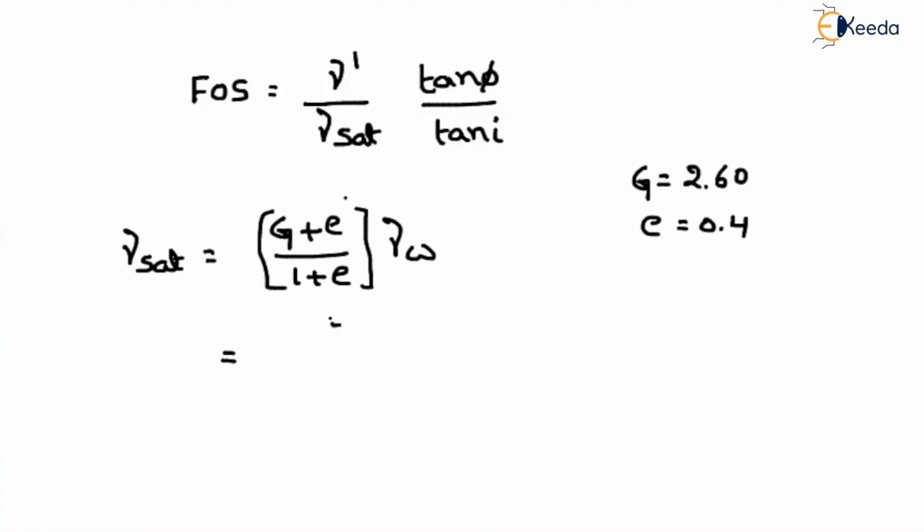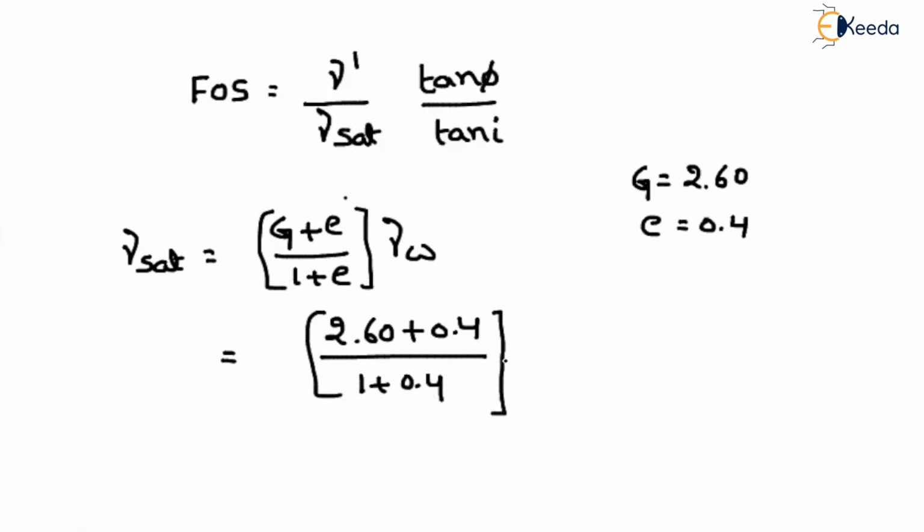If you substitute these values, 2.60 plus 0.4, divided by 1 plus 0.4, into gamma W, the unit weight of water, which we consider as 9.81 kilonewton per meter cube, you will get the saturated unit weight of the soil as 21.02 kilonewton per meter cube.